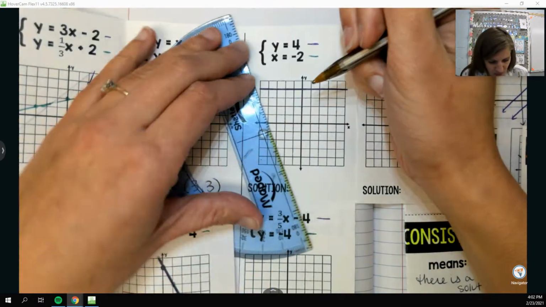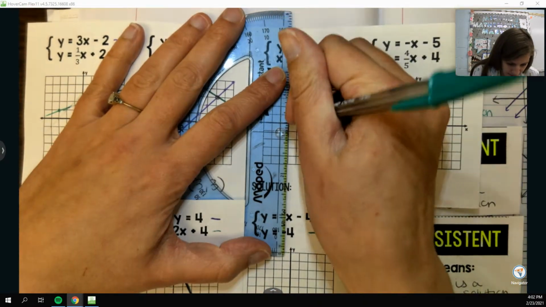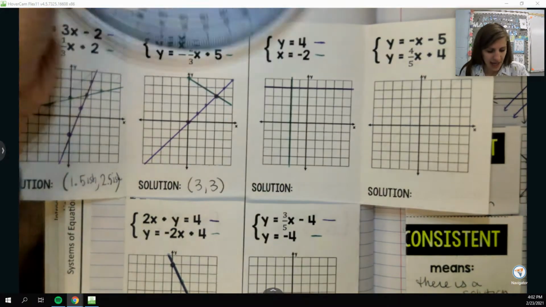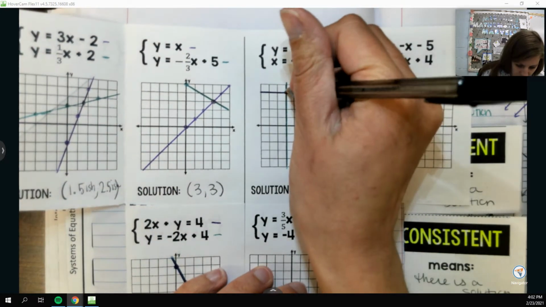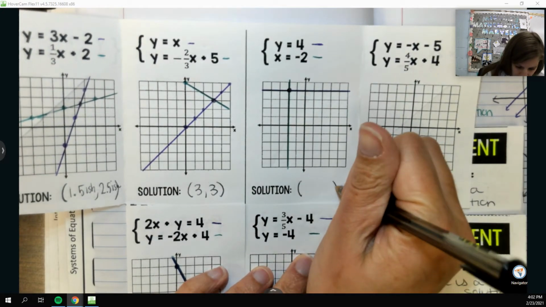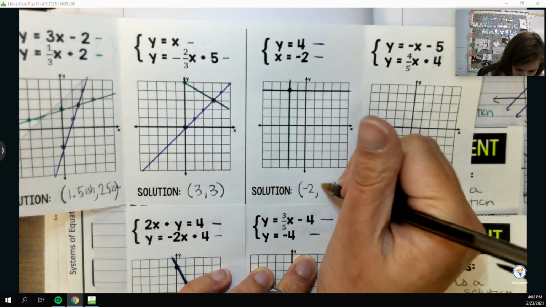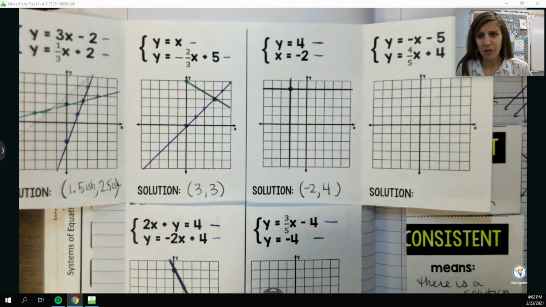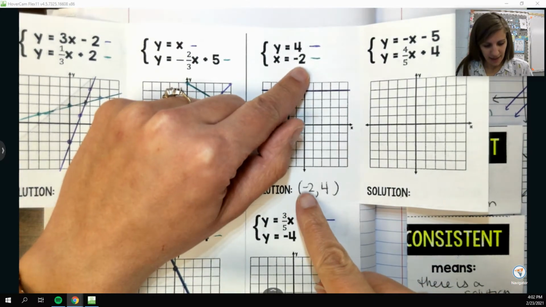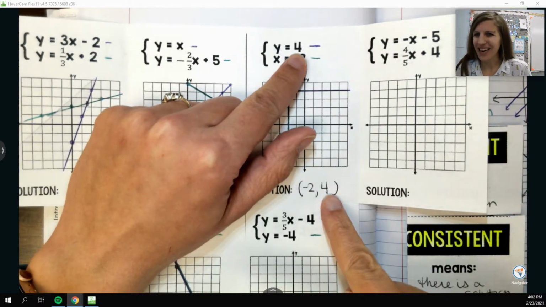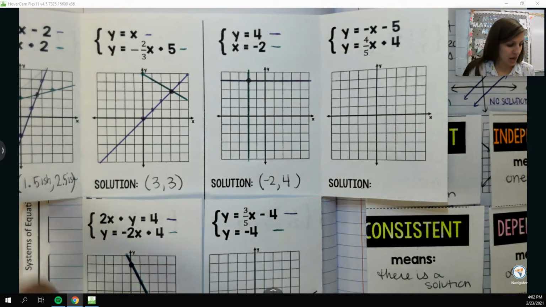So -2 is right here. And this is just going to be a vertical line. And those two lines do touch just once right here at the point -2, 4. Which, hopefully it's not a huge surprise that x is -2 and y is 4. Like that's kind of crazy, right? Or is it? On to the next.